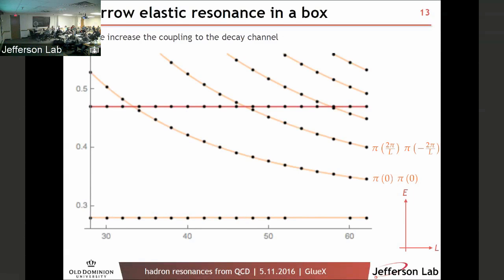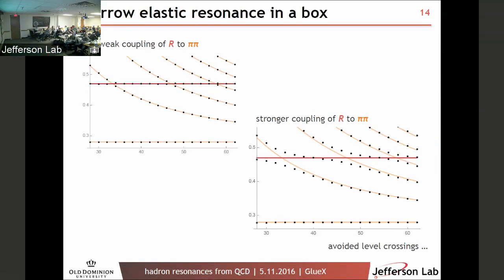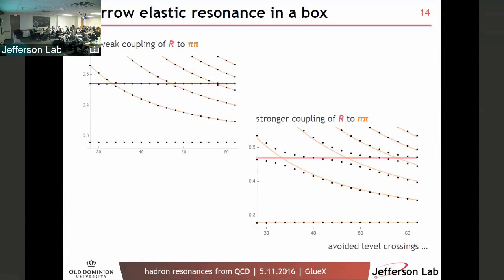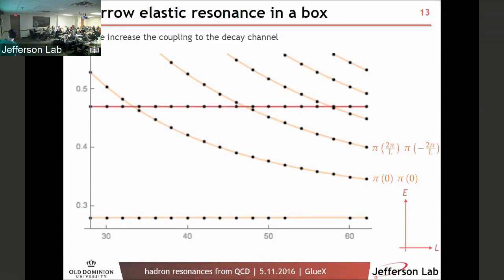Now watch what happens if I turn up the coupling of the resonance to the decay channel. Watch what happens to the black points. They diverge away from these original curves. You get things like this and this. So the places where the non-interacting levels originally crossed, you get an avoided level crossing.